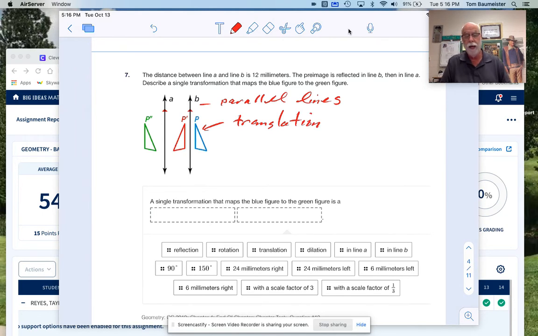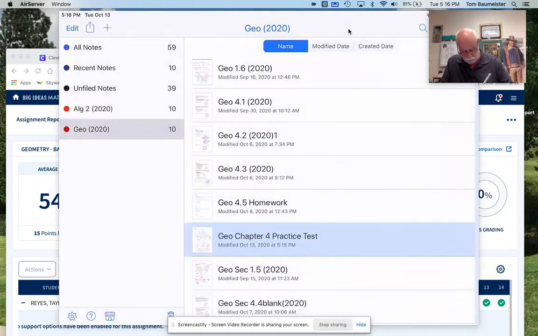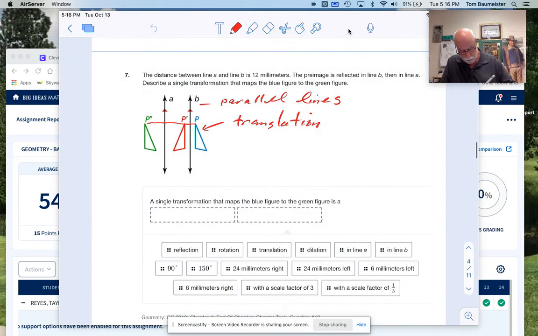All right. And this translation, again, we're saying it's moving this way. So we know it reflected and it's reflected, right? So this one maps to this one here. And remember, that means that we went, what direction did we go? We went left. And remember, if this here is 12 millimeters, what you have to do is just double this.